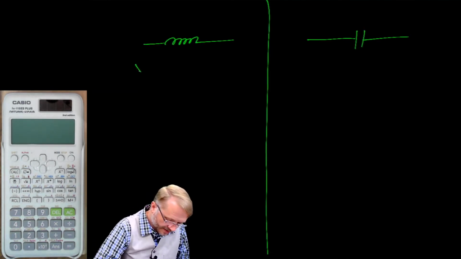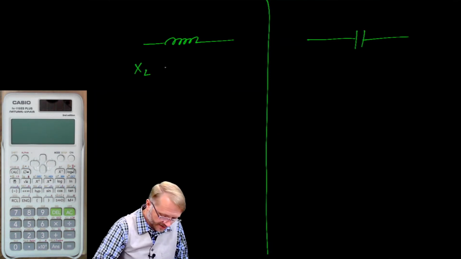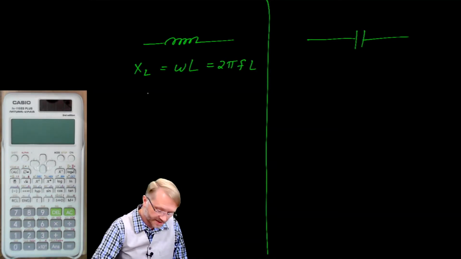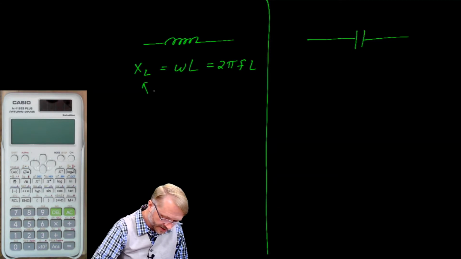We can talk about the reactance of an inductor. That's omega L, or 2 pi f L. Reactance is the opposition to the flow of current. So like resistors, it has units of ohms.